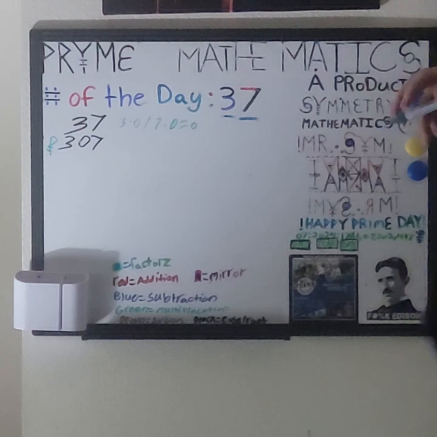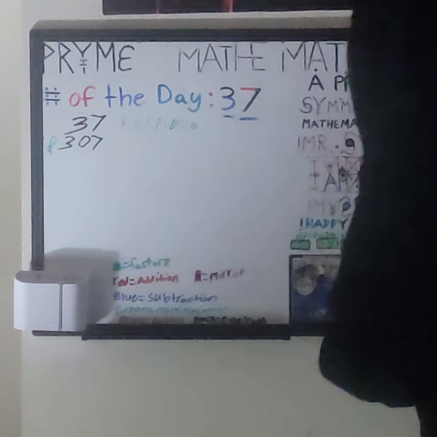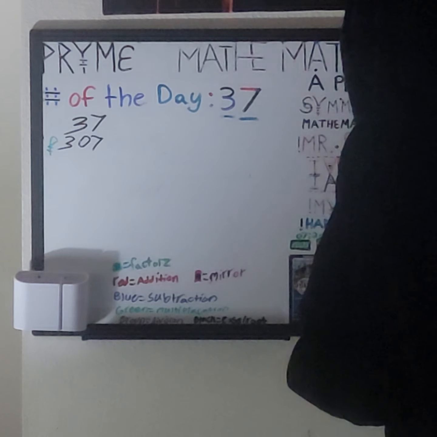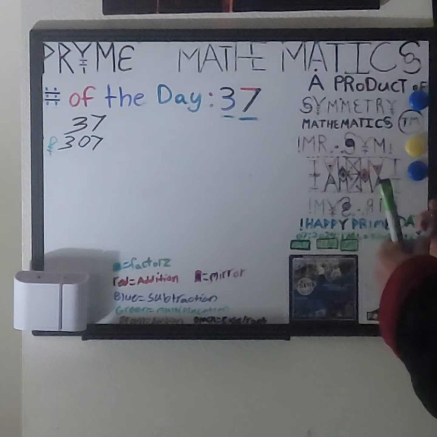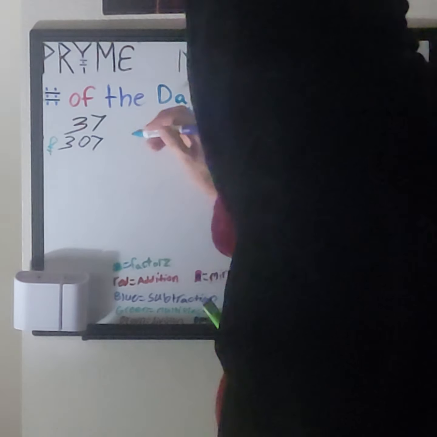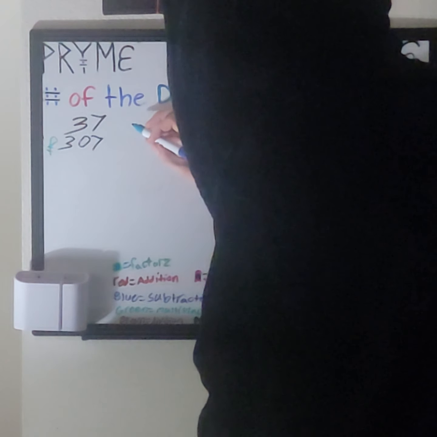And then from here, you can do a multitude of things. Let's cover all the elements of multiplication real quick. We've got 3 times 7 is 21.